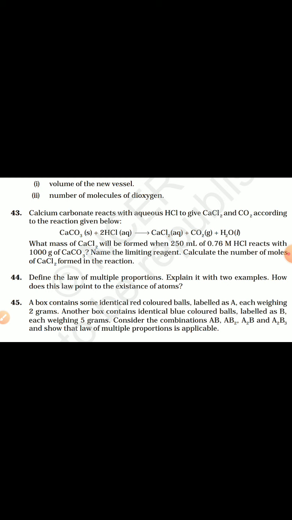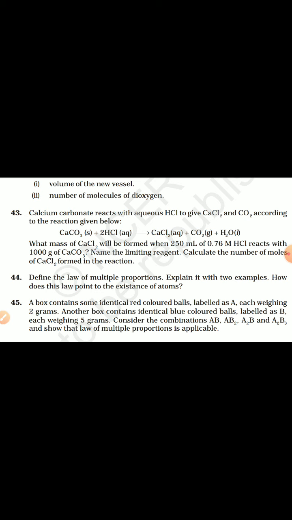What mass of CaCl2 will be formed when 250 ml of 0.76 molar HCl reacts with 1000 gram of CaCO3? Name the limiting reagent. Calculate the number of moles of CaCl2 formed in the reaction. Now, in this question, what we have to calculate? Calculate the number of moles of CaCl2 formed.